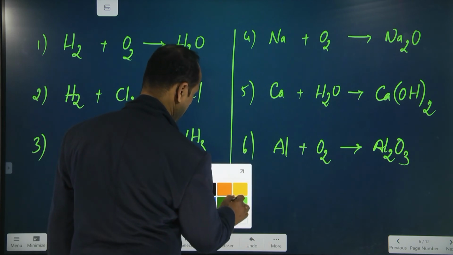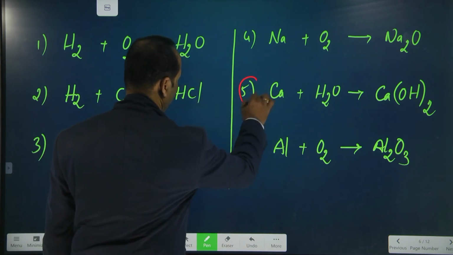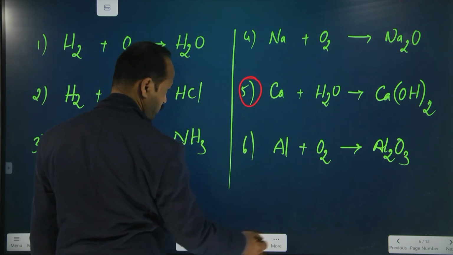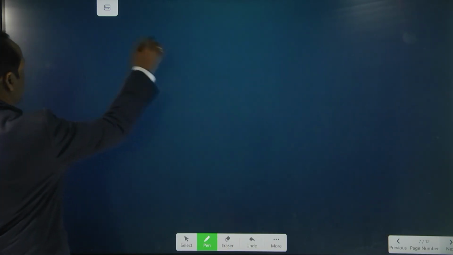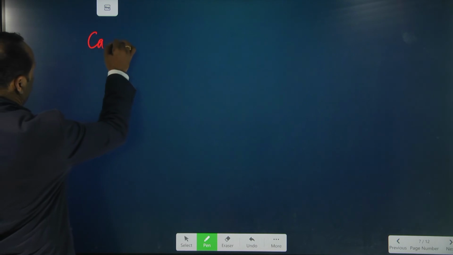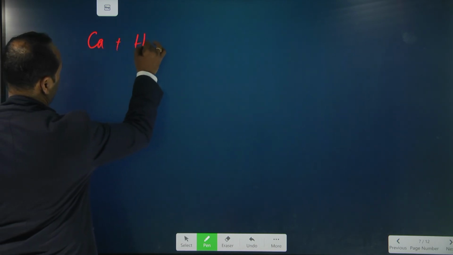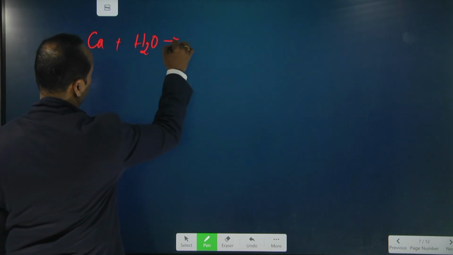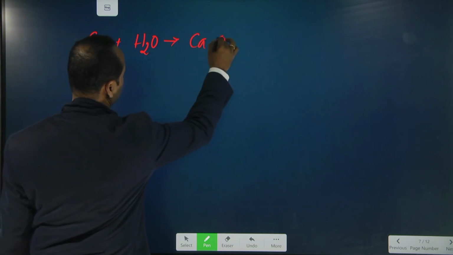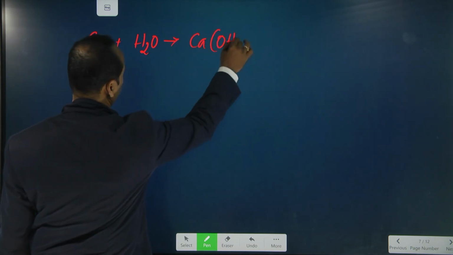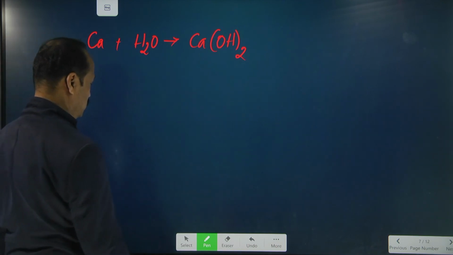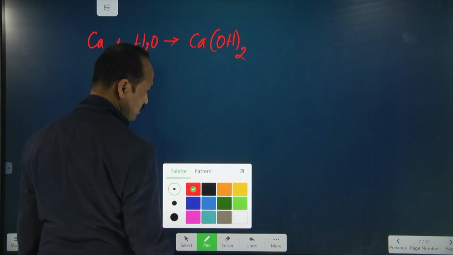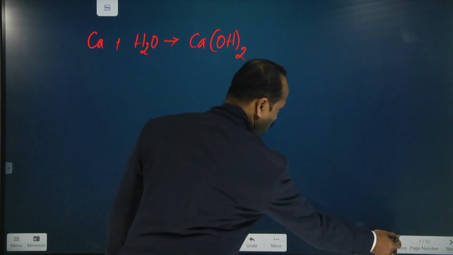Fifth one. The fifth one is calcium plus water, H2O, gives rise to CaOH taken twice. Actually this is written wrong.